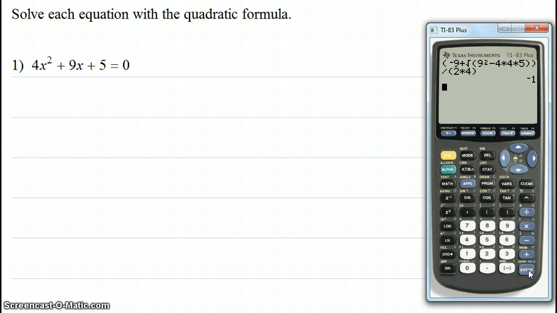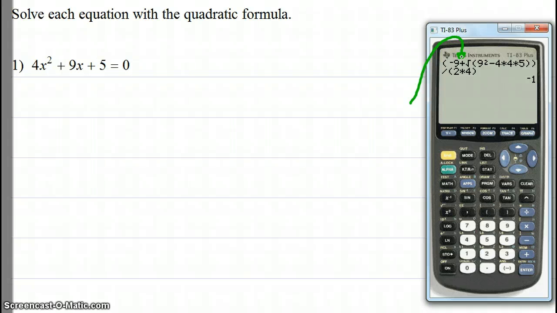Now to find the second answer, we're going to type this whole thing in, except for instead of a plus, we'll put a minus. So instead of typing this whole thing in again, what we will do is we want to get this equation back. And remember, when we get this equation back, we hit second and then the enter key.